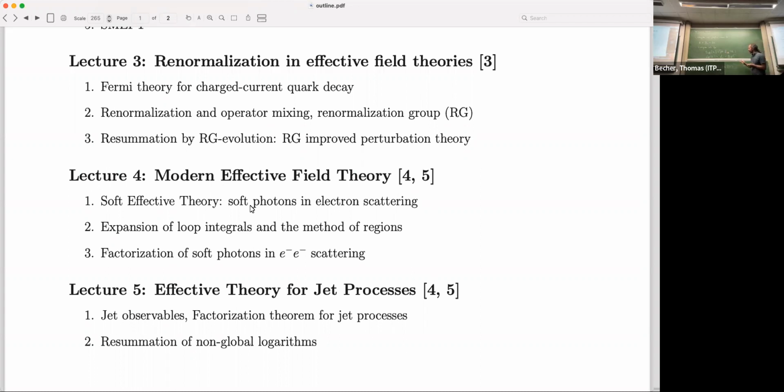But still, this is a useful approach because just by looking at these terms, thinking about what terms you can have, you can learn something about this theory. It provides a very nice picture of this renormalization.